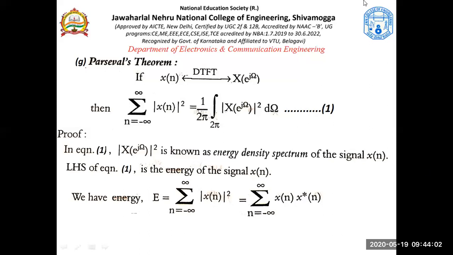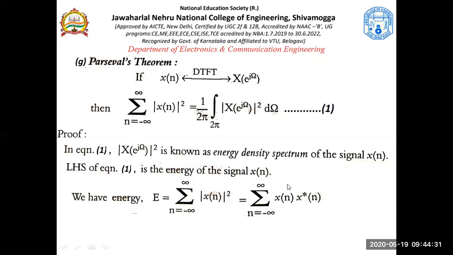How can we write it like this? How can the magnitude of x of n squared be written as this? What is the magnitude of x of n? Suppose it is a complex number, say a plus jb. I'm just talking in terms of numbers; a plus jb is not a signal, mind you. I'm just giving you an idea.